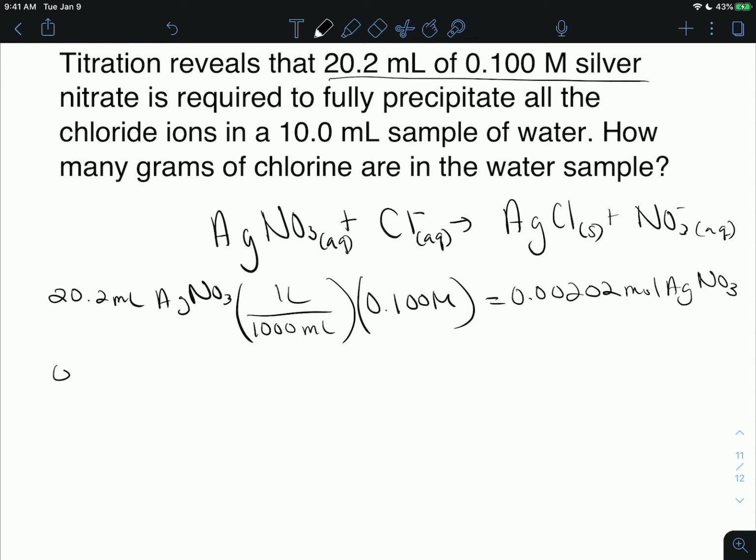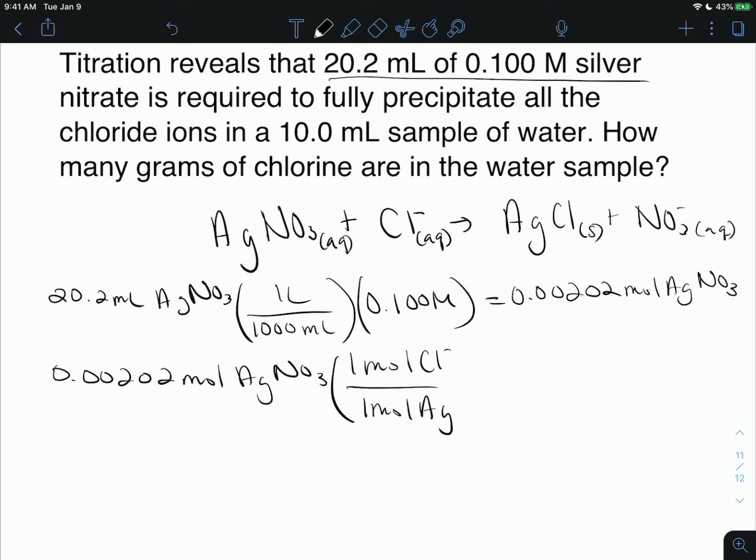And then we can take our 0.00202 moles of silver nitrate and convert that into moles of chloride, 1 mole of Cl- for every 1 mole of silver nitrate.